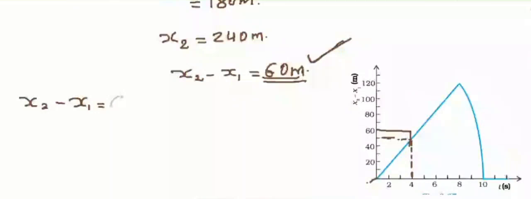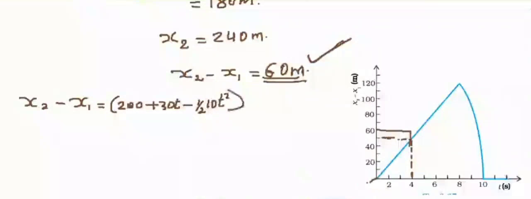What is the value of x2? x2 is equal to 200 plus 30t, that's the value of u there, minus half, acceleration is 10, and t square.